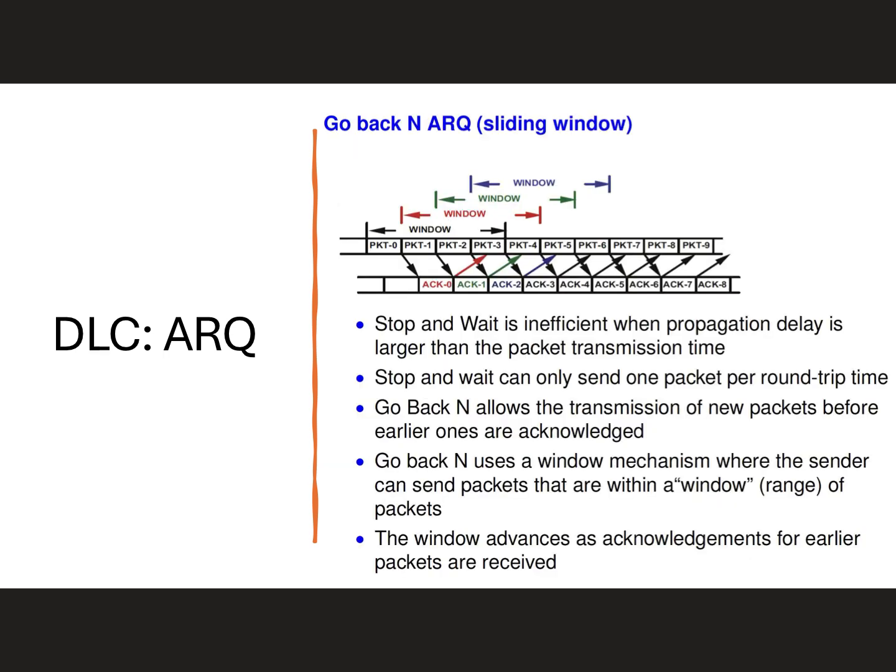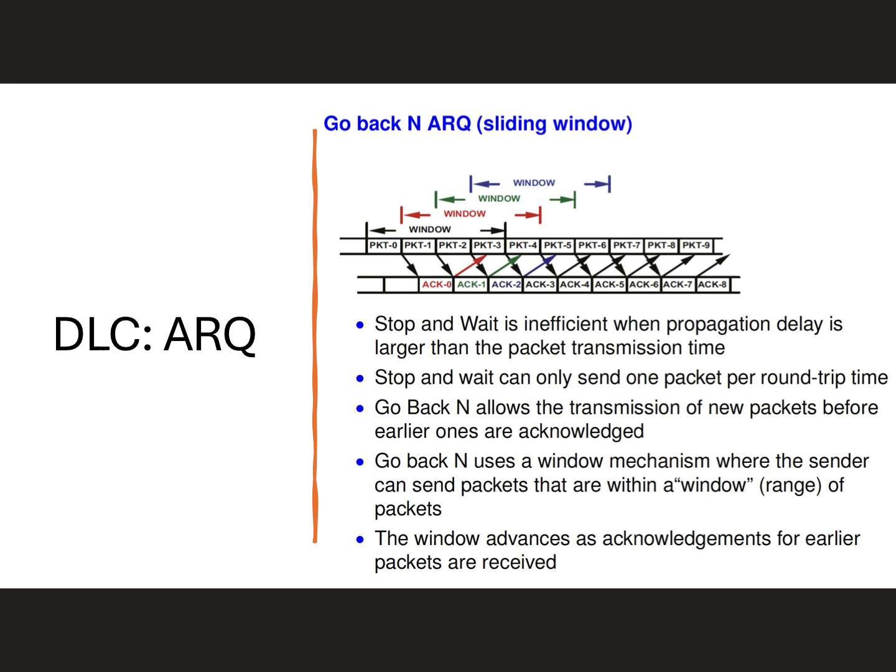Now we go to another method, which is a little bit more efficient in certain cases, called go back N. In that case, you have a window of a certain number of packets. You keep sending, you don't wait for acknowledgement of individual packets. But if you reach the end of the window without receiving any acknowledgement, then you stop at that point, and after a certain timeout, you will retransmit whatever is inside the window. Now, if while transmitting the packets inside the window, you start getting acknowledgements, the window is shifted.